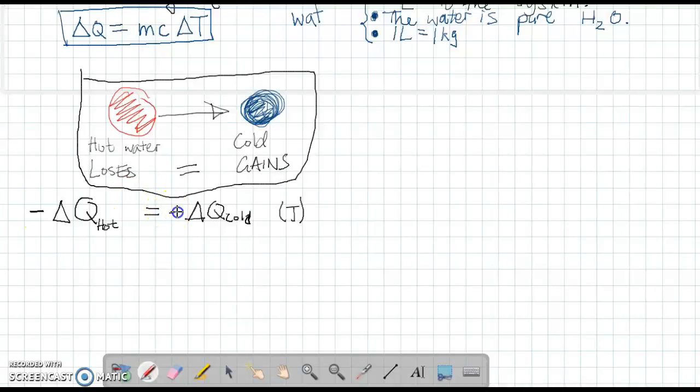So the cold water gains energy, so the change here is positive because the energy in this cold water has increased. Energy of the hot water has decreased, so therefore we've got a positive change for the cold water because it increases in temperature, and we've got a negative change for the hot water, and therefore the hot water cools down, decreases in temperature because it loses heat.